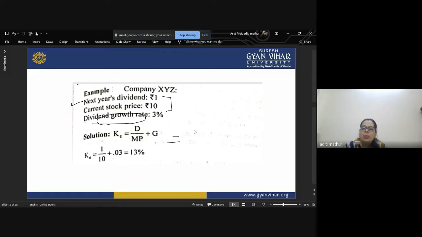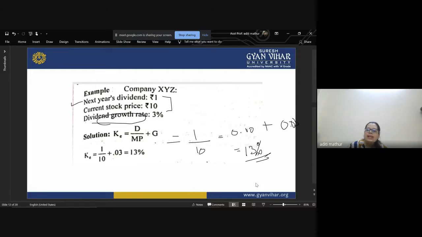It will be 1 divided by 10, which is equal to 0.10, plus 0.03, which will give you 13%.